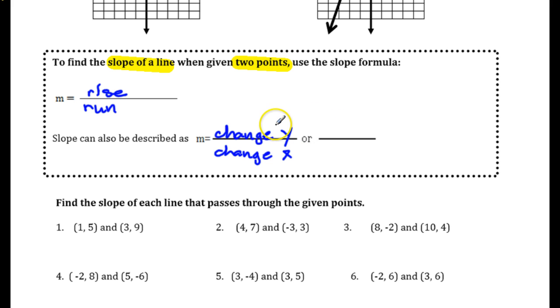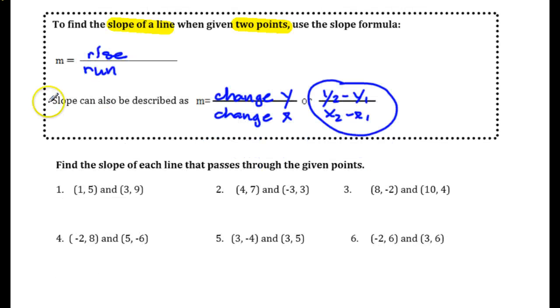Change is subtracting. So the real official formula that you're going to use now is y of the second point minus y of the first point over x of the second point minus x of the first point. This is the formula you're going to need to memorize and use when they give you 2 points. Okay?